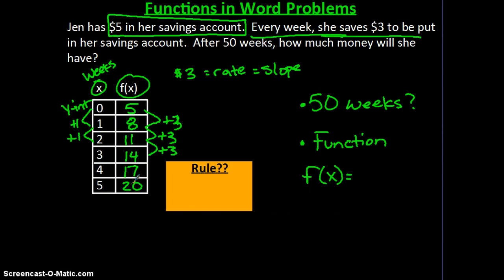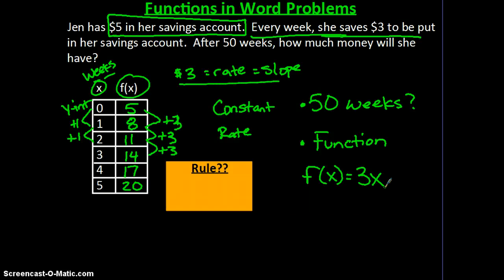Now the question is, what is the function? Well, we simply need to look at what is our constant, what never changes, and what is our rate. Our rate was right up here, $3 per week. In this case, the weeks were our x value. So we had $3 times x, the number of weeks.